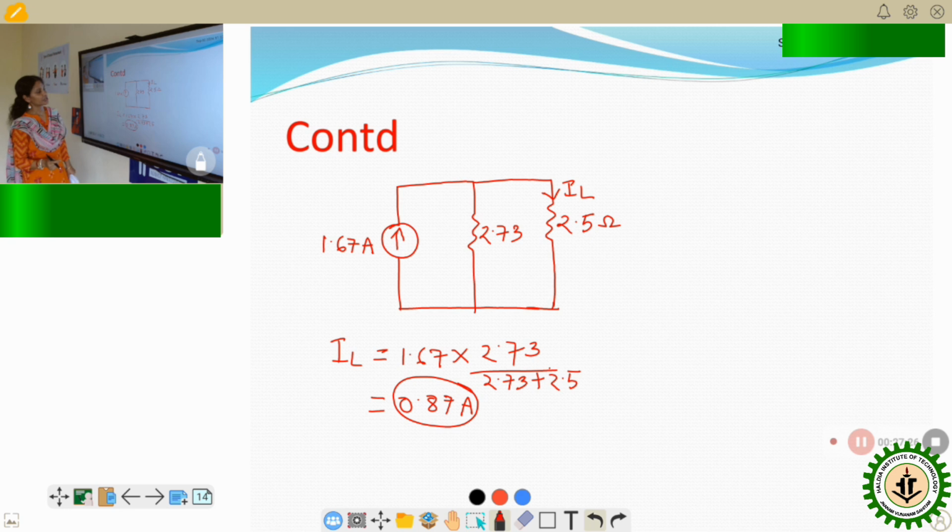Current through the load resistor or 2.5 ohm resistor.